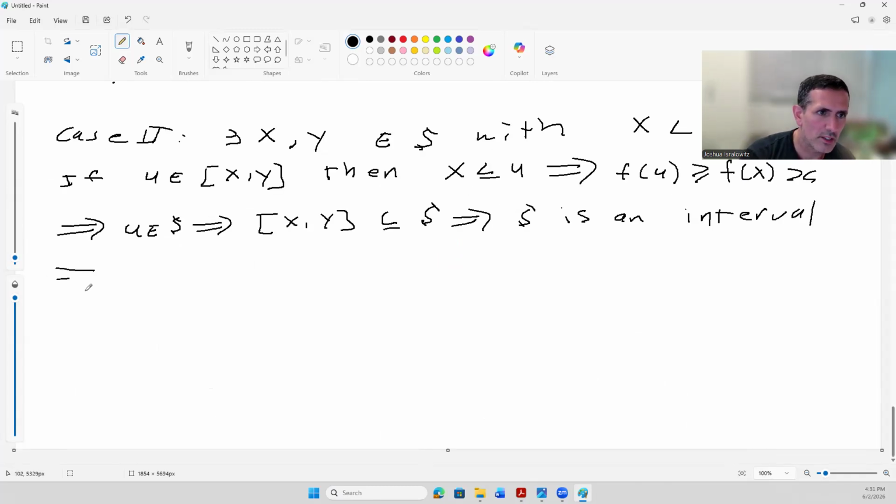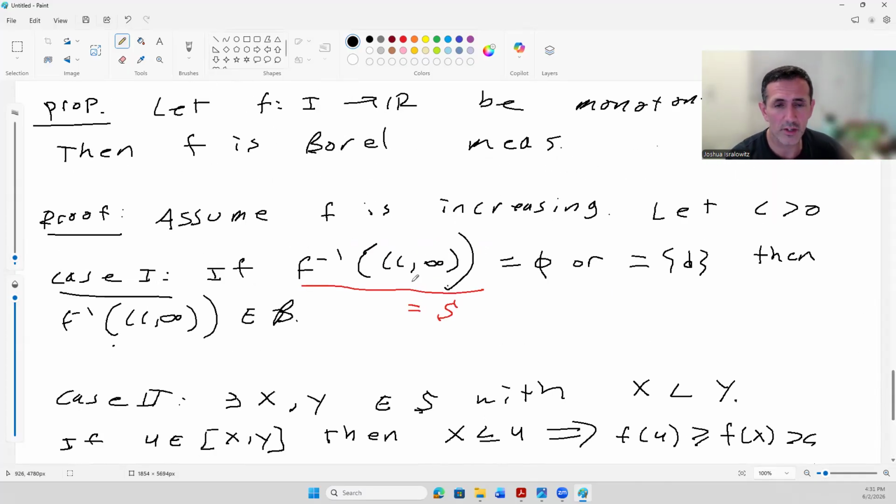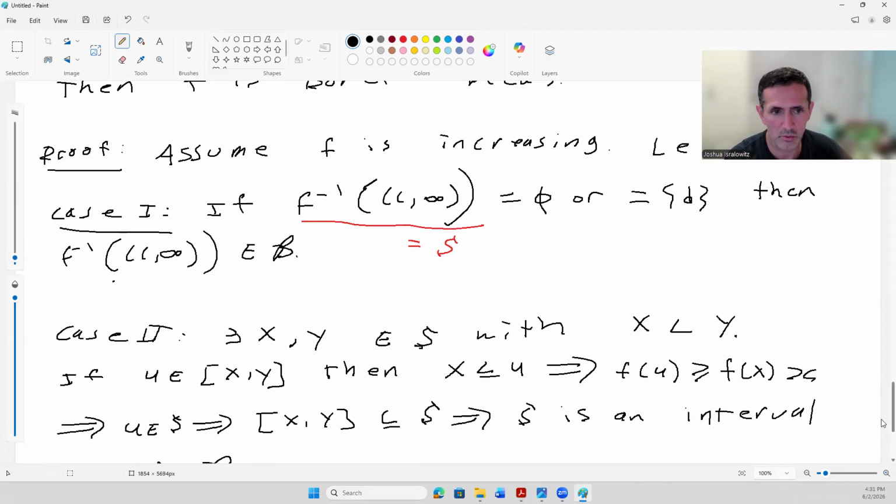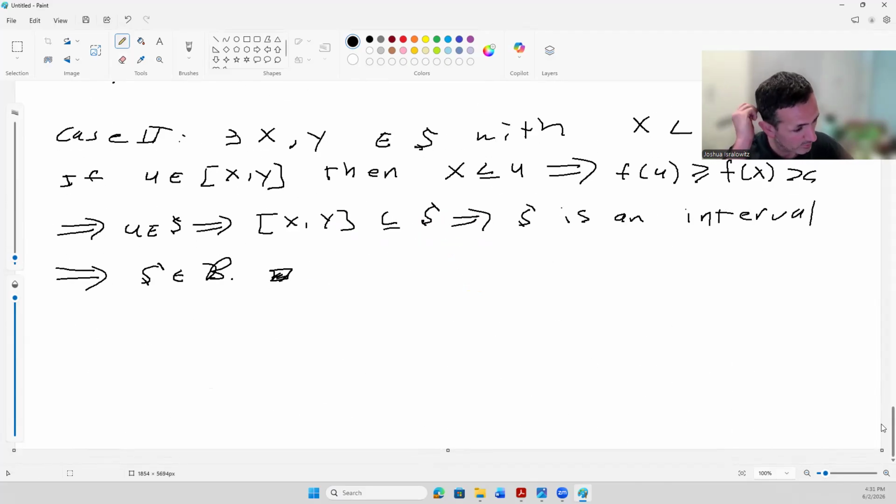And that implies we don't care that it's an interval; what we care about is that this is Borel. Right. So yeah, the inverse image of C infinity is Borel, and that's that. Okay.